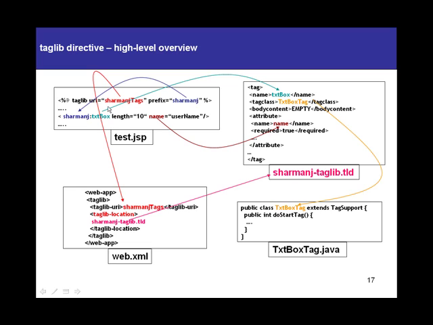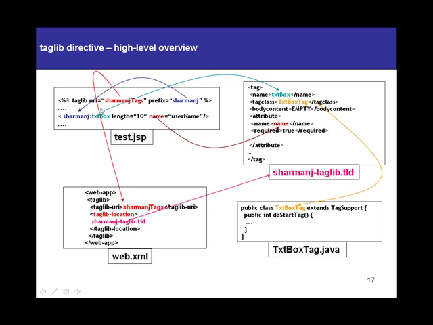When I say URI, it means that it's a path to the tag libraries which I'll be using, right? And this path will be present in the web.xml, which is a configuration file for your servlets and JSPs, right?